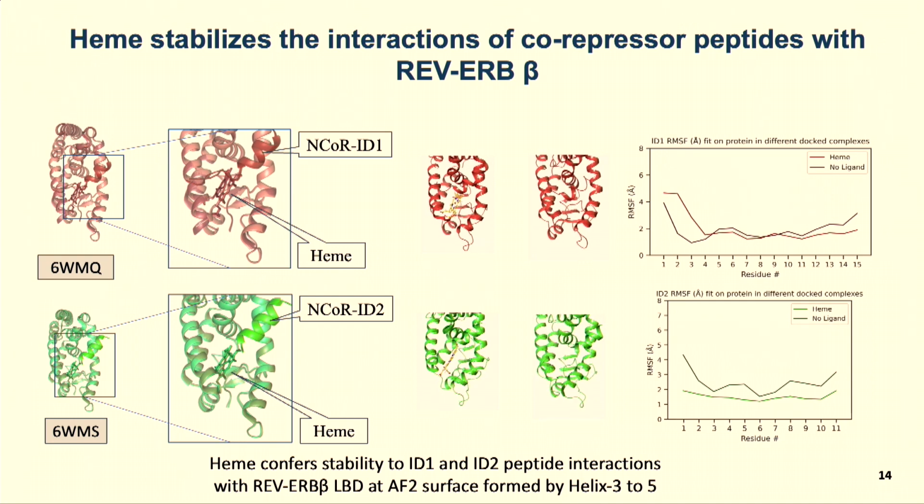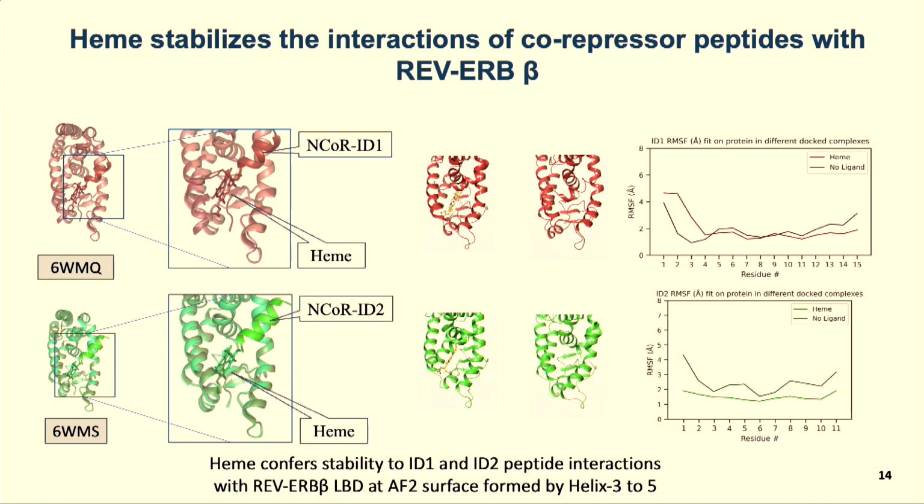And if you see these two simulations, what we find is that when you remove the heme from here, there is slightly higher movement. You might not be able to see it, but this is where that peptide is. This is the corepressor peptide right here, a small one. This is more clear. This is the corepressor peptide, which is here. If you look at this one, when the heme is bound, this is much more stable.